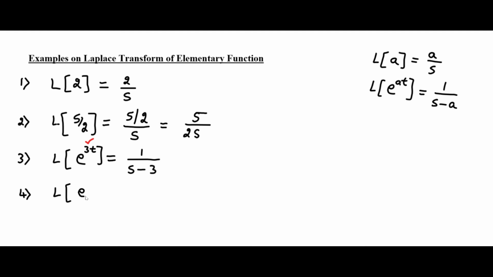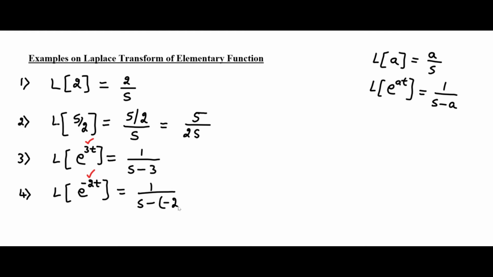So we have Laplace transform of, say, e power minus 2t, which will be equal to, once again using the same formula, 1 by s minus a. In this case, the value of a is minus 2.